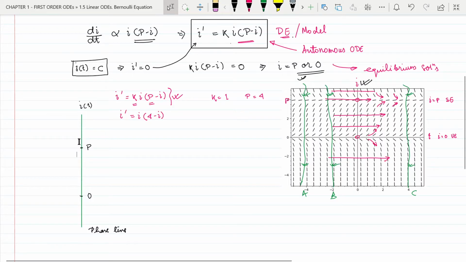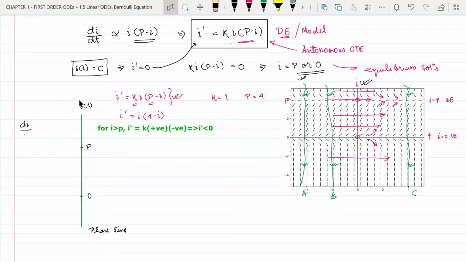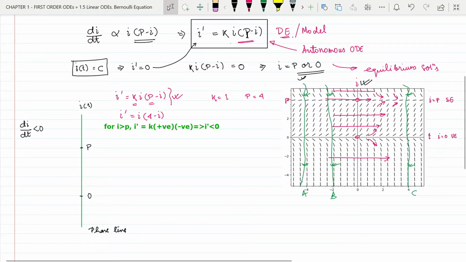Now let us see for which section of the phase line the derivative I dash, which is di by dt, is positive, and for which section it is negative. Now for the top section, di by dt will be negative, because for the top section I values are greater than P. So this P minus I in the differential equation will be negative.